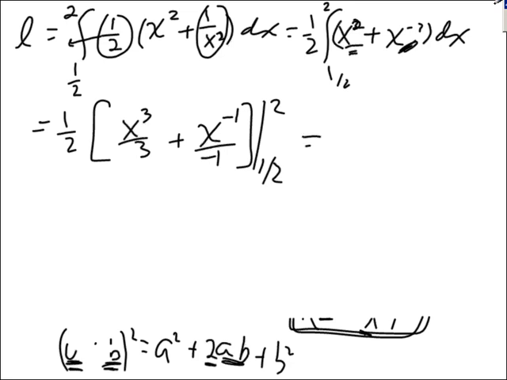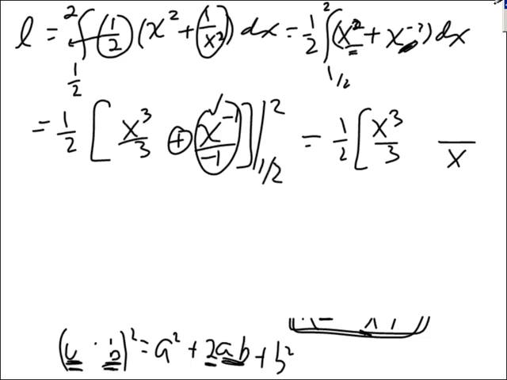But let's just clean up that second term. X cubed over 3. The x to the -1 can go in the bottom as x. And adding, this is negative. Adding a negative quantity is just the same as taking away the positive.